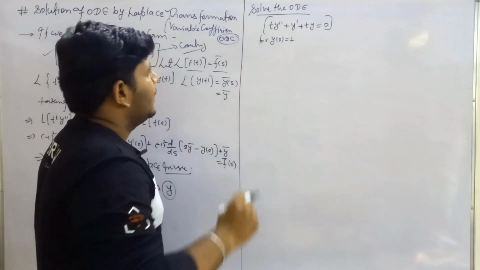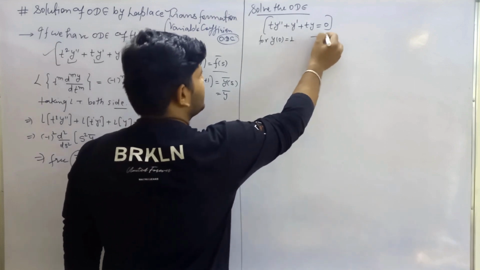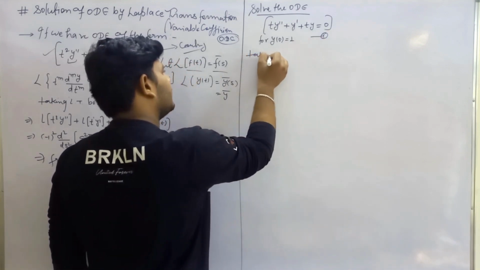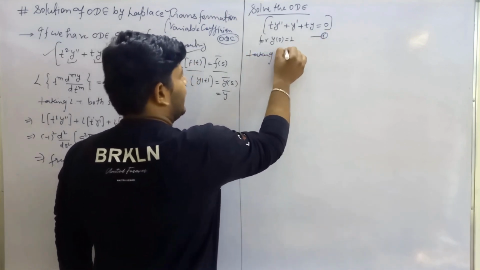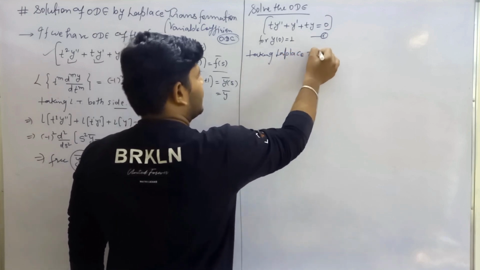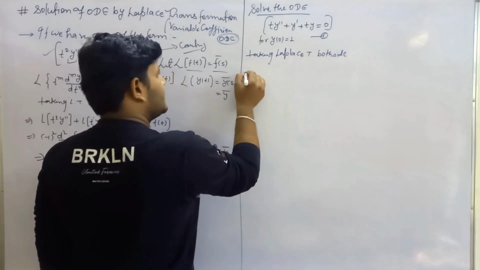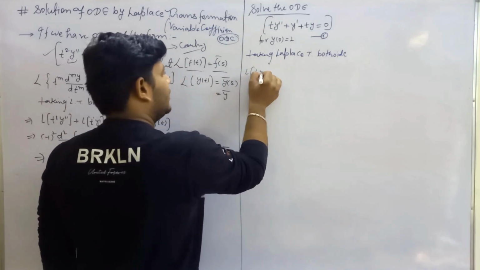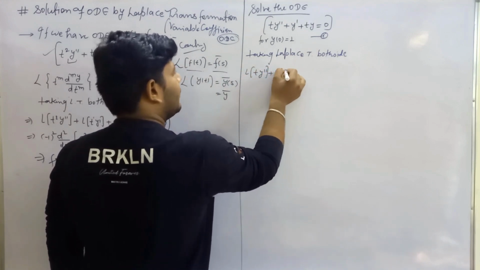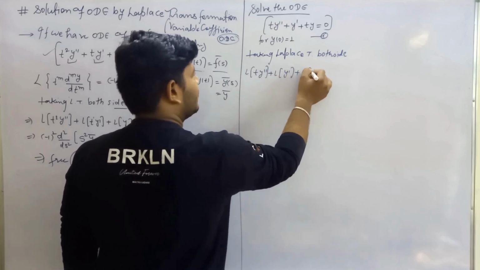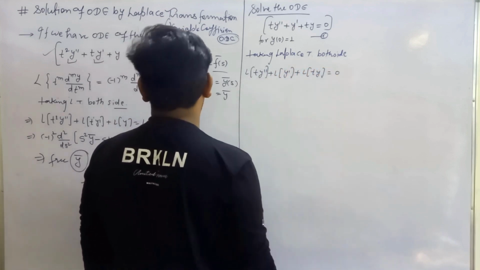Basically, first of all, this is equation number 1. So what will be our first step? Taking the Laplace transform on both sides. On taking the Laplace transform, Laplace of t y double dash plus Laplace of y dash plus Laplace of t y equals 0. The right hand side is 0.